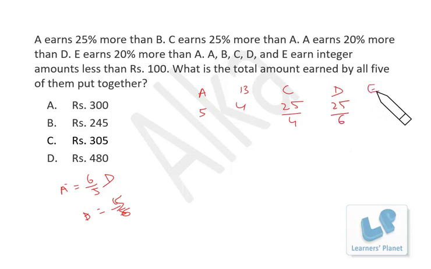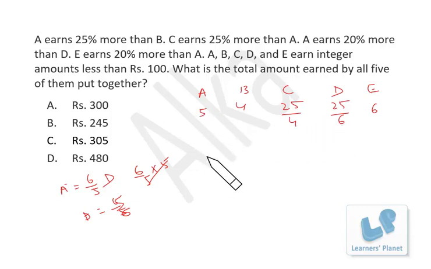Then E. E earns 20% more than A. That means E is earning 6 by 5 of A, so that is 6. Now since A, B, C, D are earning in integral values, I multiply all the terms by 12, so 4 and 6 will be cancelled out.